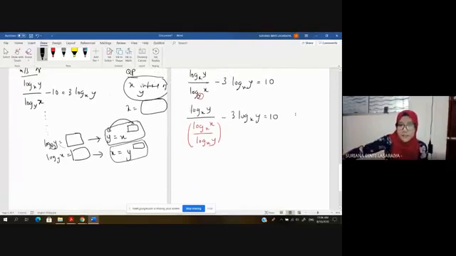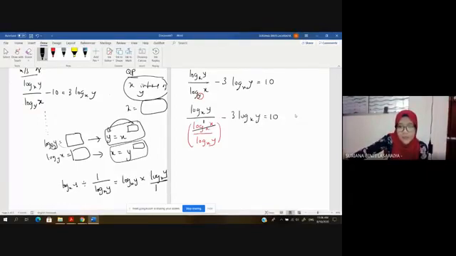Okay. Lepas tu, log xx ini is equals to 1. Alright. So, log xy divide by 1 over log xy. So, this is actually log xy multiply with log xy over 1, kan?